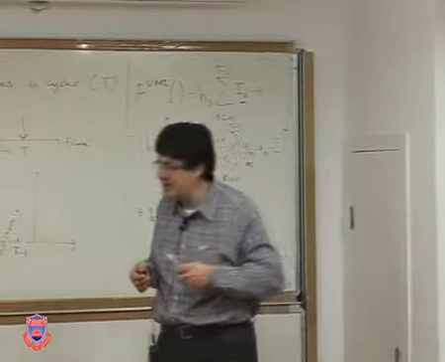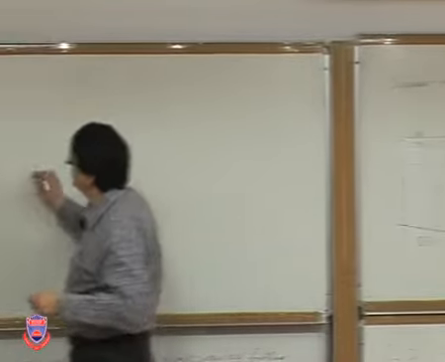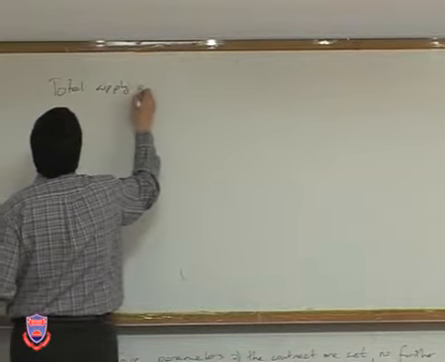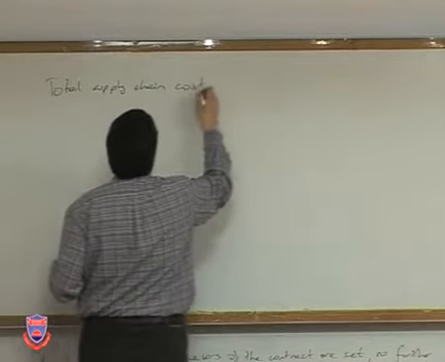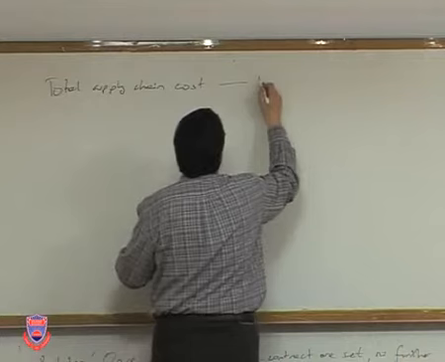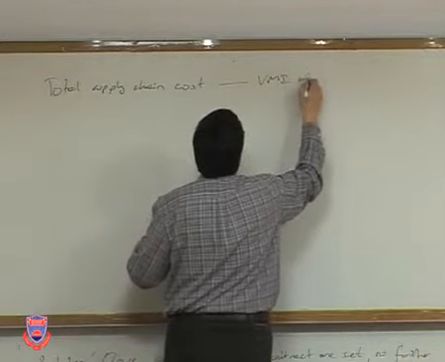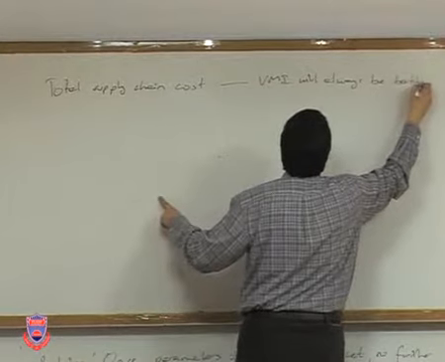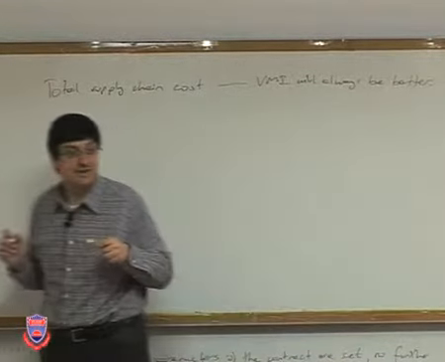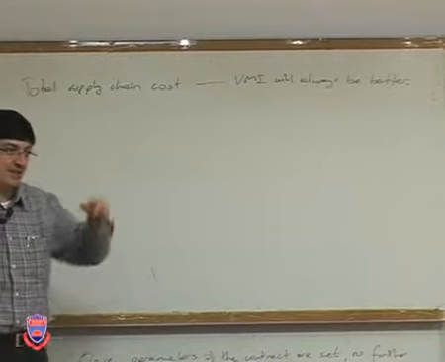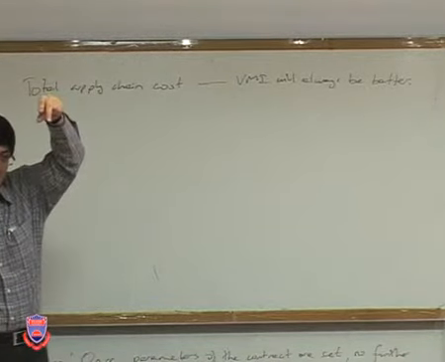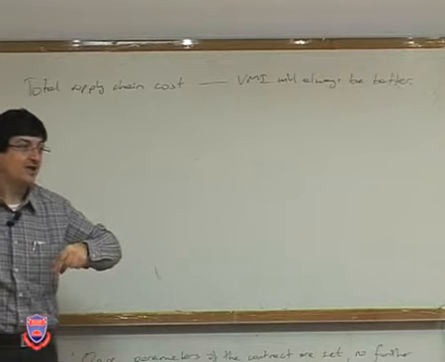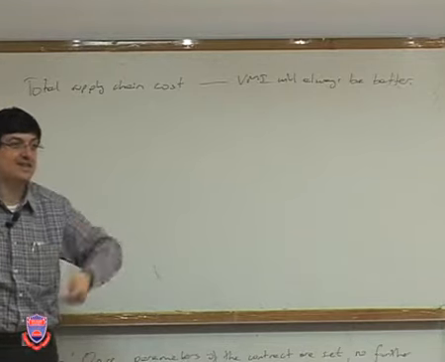Now, the issue is the following. When we look at the total supply chain cost, VMI will always be better. There is no doubt about it, because basically what the supplier is using is the information which is available, so the variability that it sees is less.